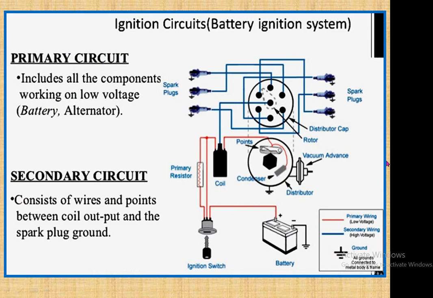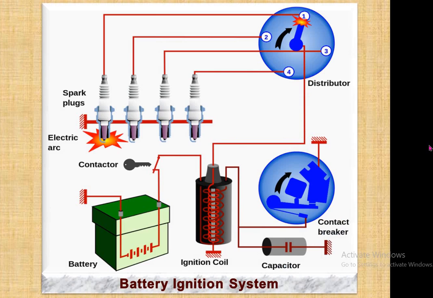secondary circuits are employed. We will not go into much detail. This is the battery ignition system in which the battery is employed for giving the power to the system. From the battery power, it goes to the ignition coil and then different parts for storing the power.